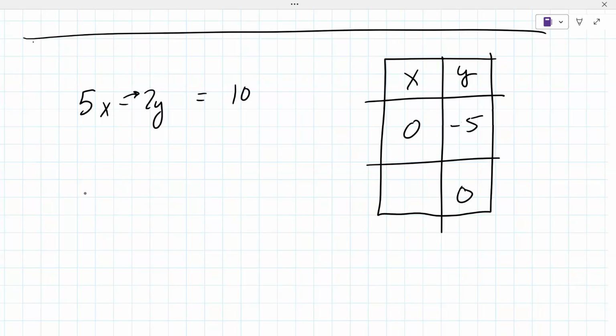And then x would be +2, right? Yes, correct.